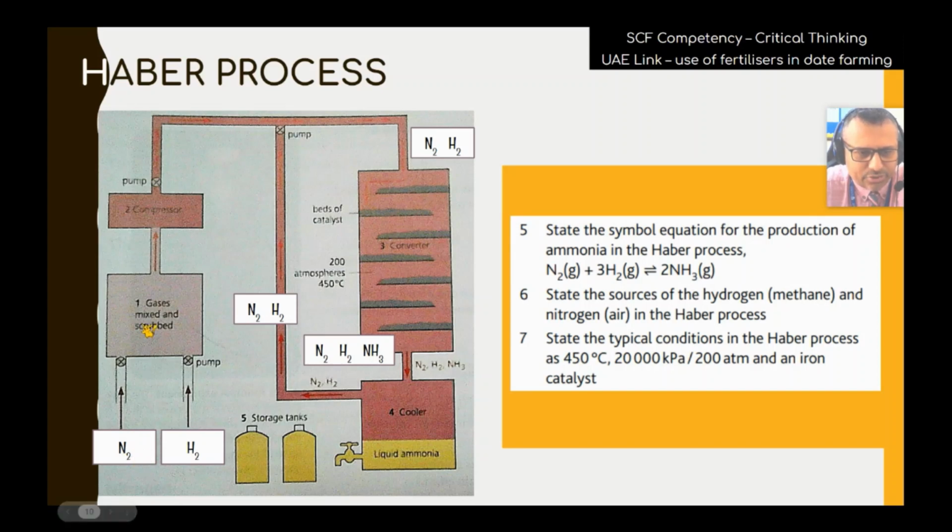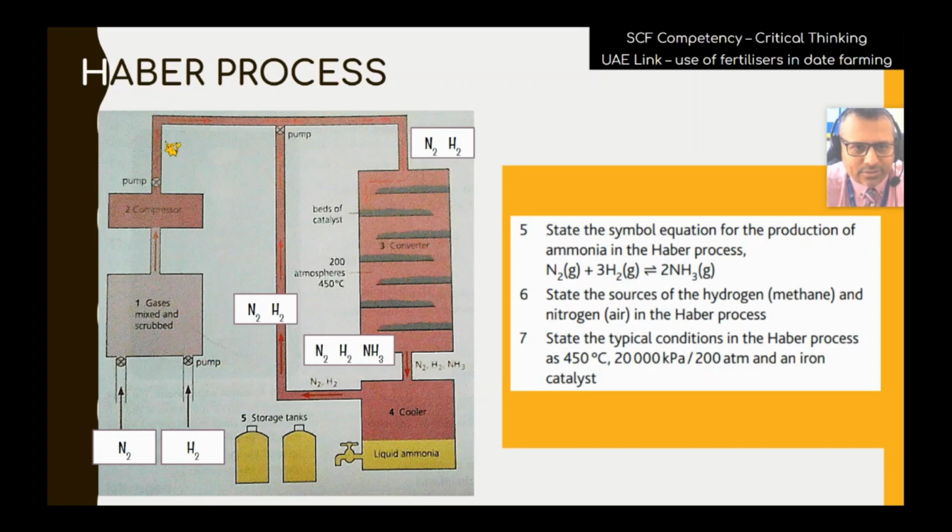The nitrogen comes in over here. The gases are mixed, so the nitrogen is mixed with the hydrogen. They're scrubbed, so you remove and clean all of the impurities and any unwanted gases that you don't need. And you then pump at pressure through a compressor.